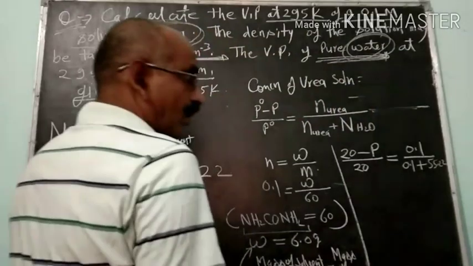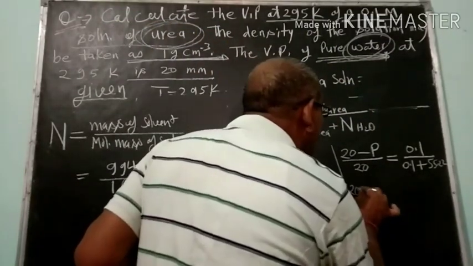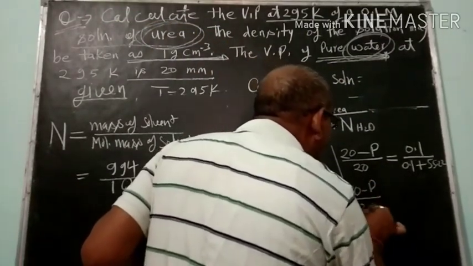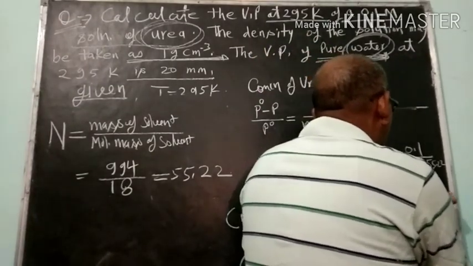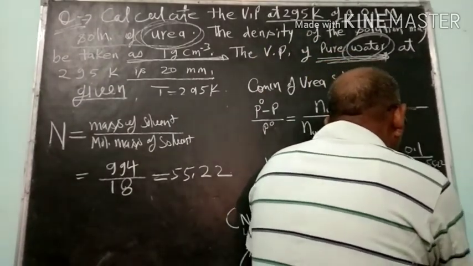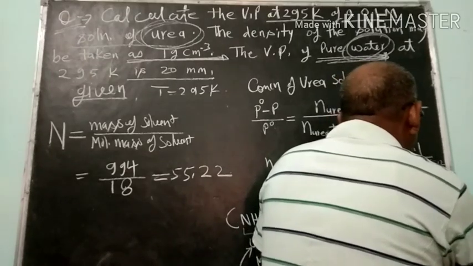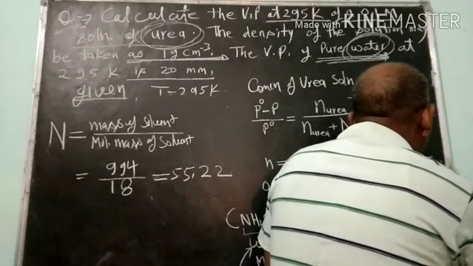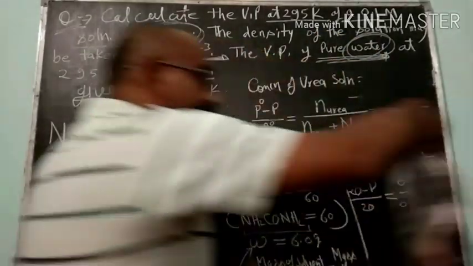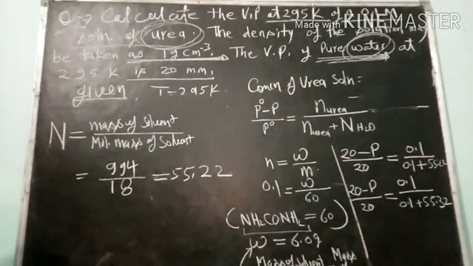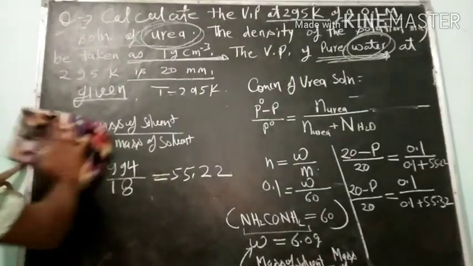It comes 20 minus P over 20 equals N, the number of moles of urea, which is given 0.1, over the number of moles of urea 0.1 plus the number of moles of water, it comes 55.22. So 20 minus P over 20 equals 0.1 over 0.1 plus 55.32. Clear? Okay?